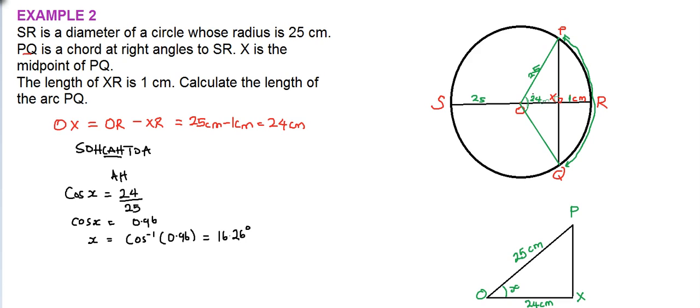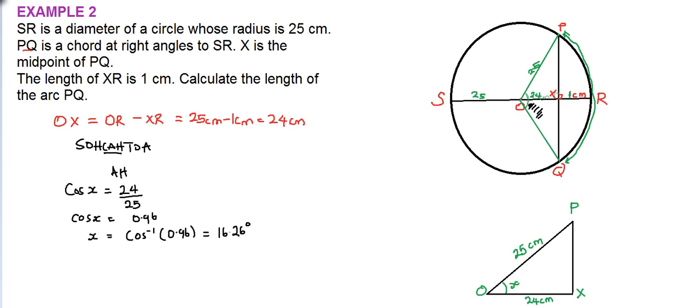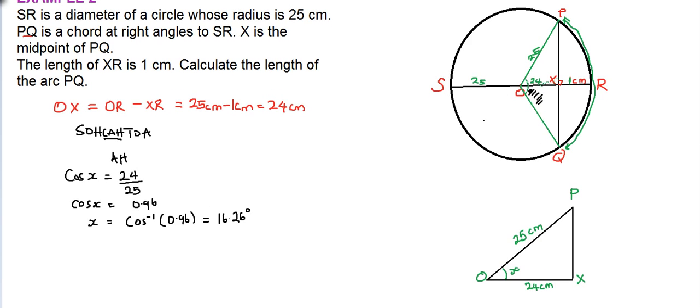That's one of the angles there. However, you could see that we need to also find the angle here. Well, because of symmetry, it is simply double, because POX and QOX are exactly mirror images of each other. Therefore, angle POQ is twice x, so it's 2x.